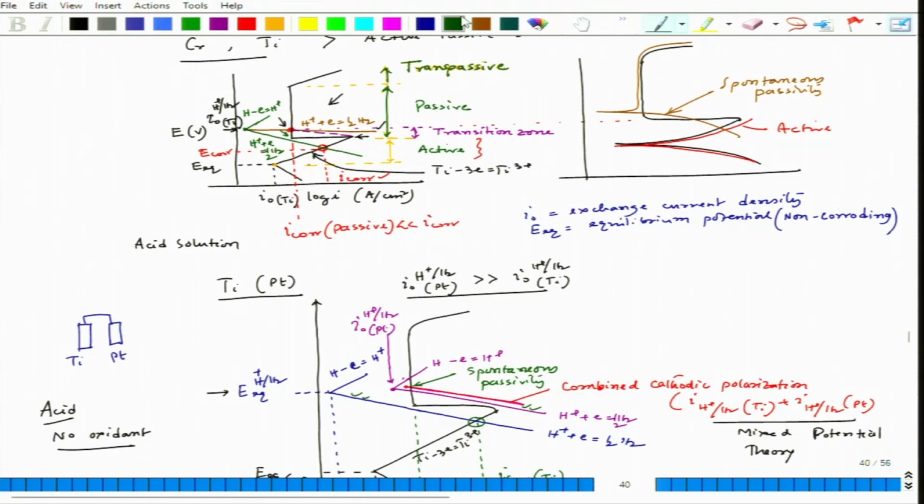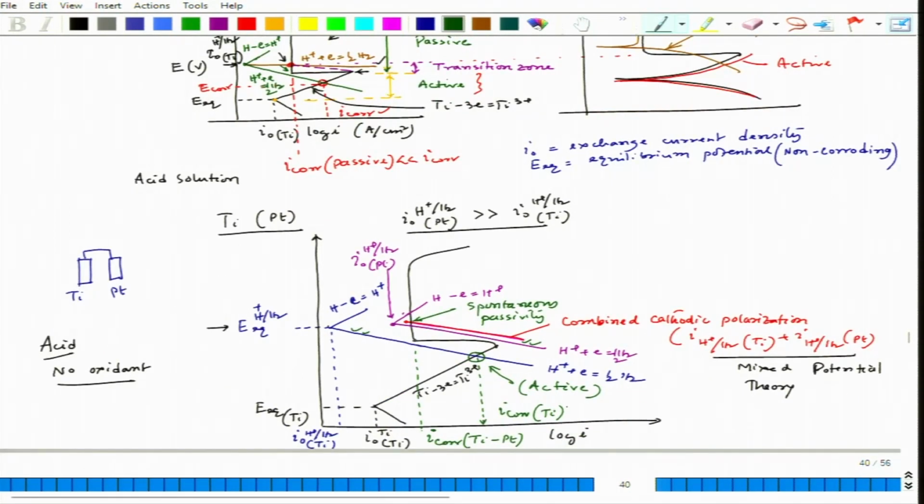And this particular coordinate is active behavior, active, no passivity. So if you leave titanium in acid medium, then it will dissolve at this rate. And if we have a platinum connection, then it will dissolve at this rate.